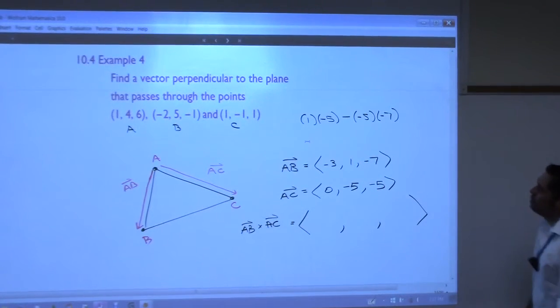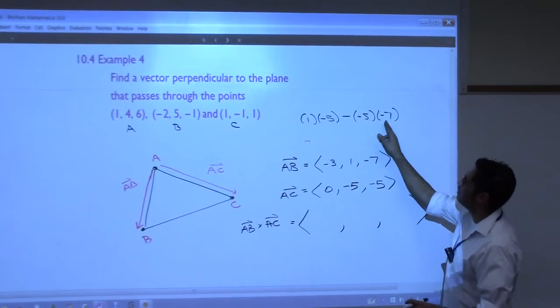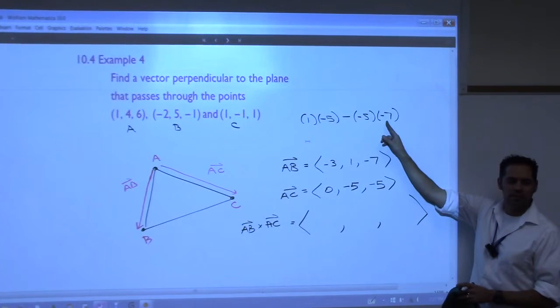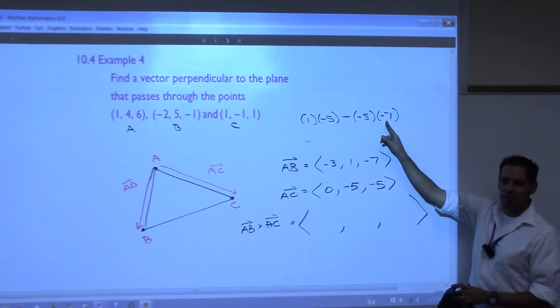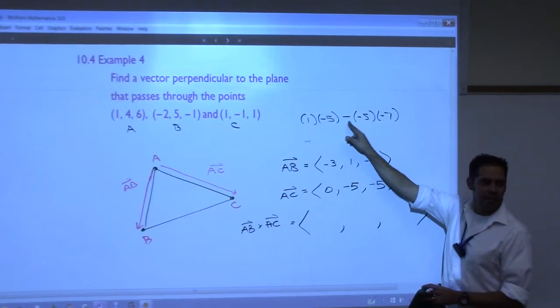What is that number? -35, negative. What's -5 times -7? Positive 35, but then subtract it: -5 minus 35 gives -40.